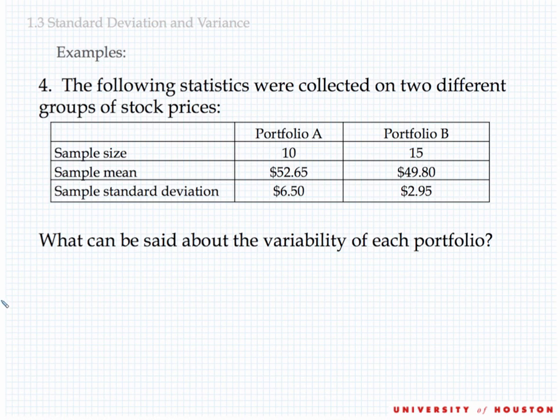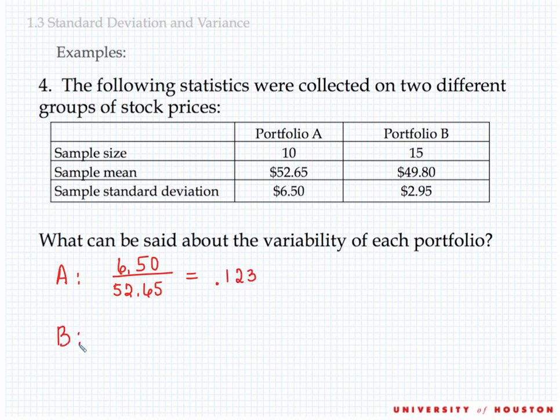Well, let's calculate the coefficient of variation for each of these portfolios. For portfolio A, my coefficient of variation is my standard deviation divided by my mean. That gives me a coefficient of variation of 0.123.